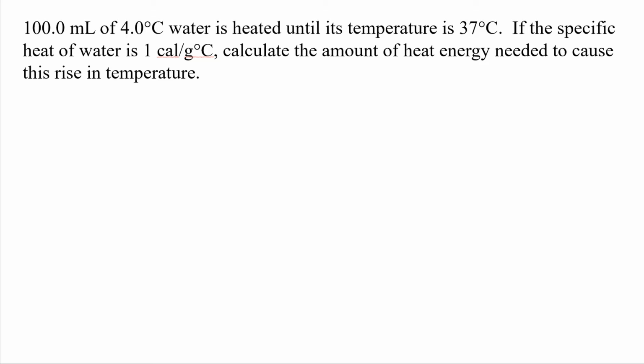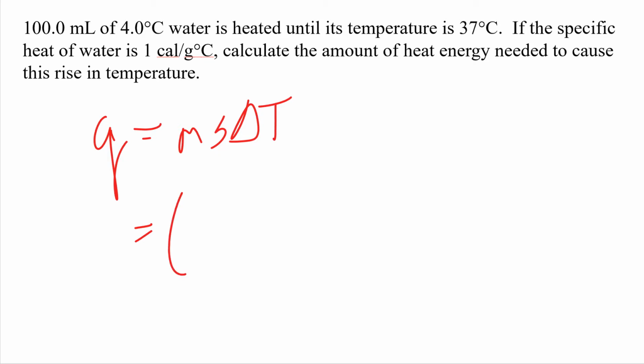So here on this next example, you have 100 milliliters of 4 degrees Celsius water, and it's heated until its temperature is 37 degrees Celsius. If the specific heat capacity is 1 calorie per gram Celsius, so that's the energy it takes to raise 1 gram of water by 1 Celsius, calculate the amount of heat energy needed to cause this rise in temperature. So here's the equation, Q equals m S delta T. I'm just going to plug the numbers in here.